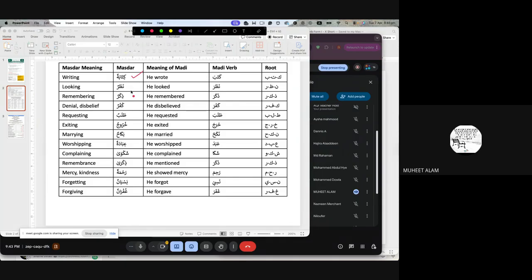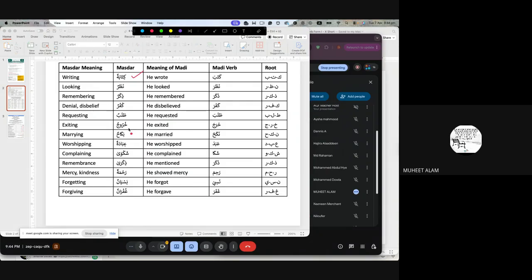Second is nazara. The mazi verb is nazara, which means he looked. The masdar of this is nazarun, looking. Nazara, he looked: the actor, he, the action of looking, and the time, which is the past tense. And the masdar is just the action without the doer and the time, which is looking.